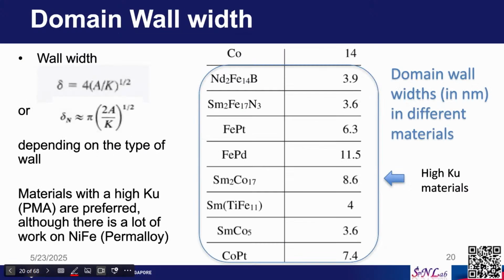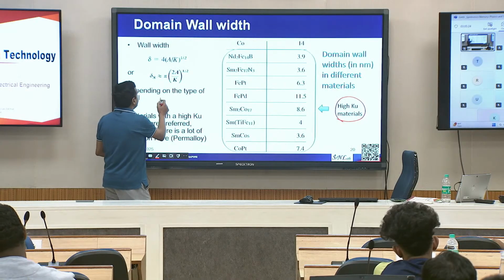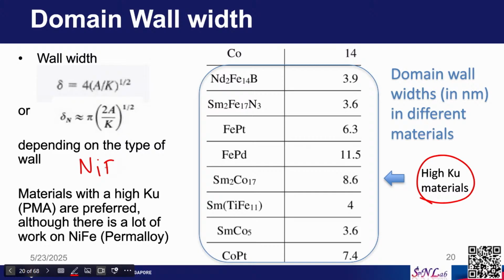Here I show you the domain wall widths of various materials. In principle, if you use high Ku materials, you can achieve narrow domain walls, like 3.6, 4 nanometer kind of domain wall width. These are all in nanometers, the unit is missing.